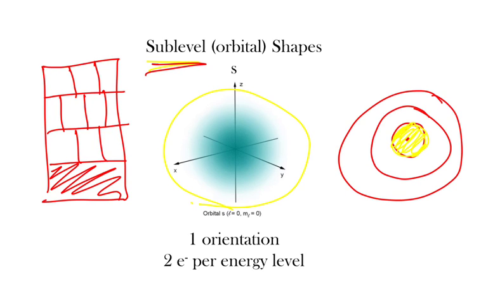Otherwise, if I tried to fit another sphere on top of this one, they would be occupying the same space. So we can only have one of these S-shaped orbitals at each energy level. And each orbital can hold 2 electrons. So I could have 2 electrons in this S orbital at the first energy level, another 2 at the second energy level. It would just be a bigger sphere, and so on and so forth. But we can only have one of these per energy level.